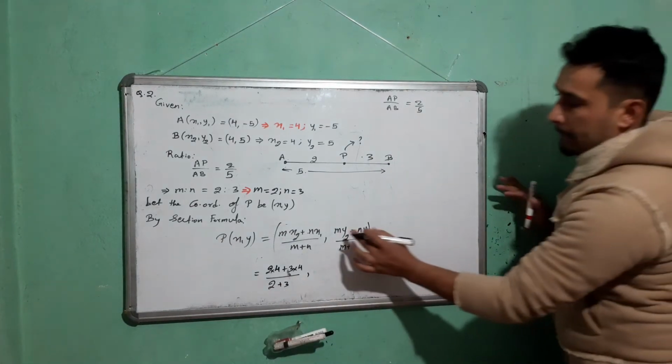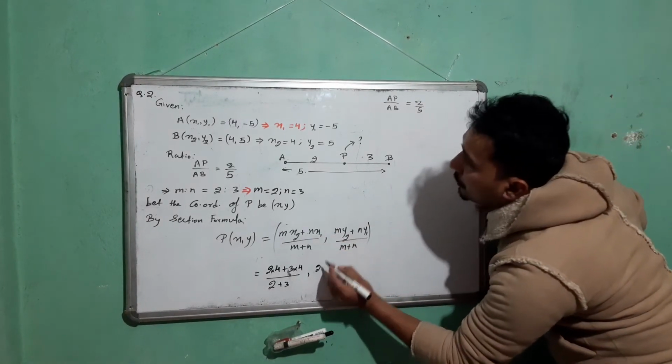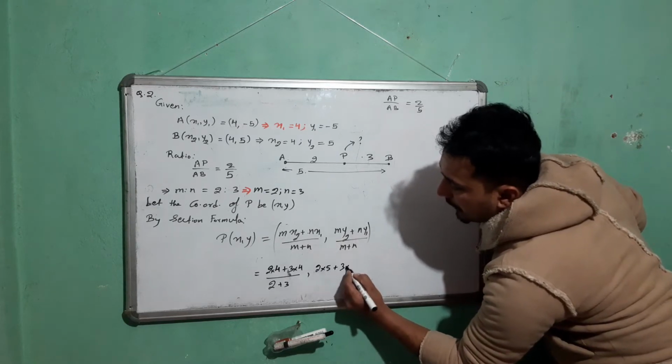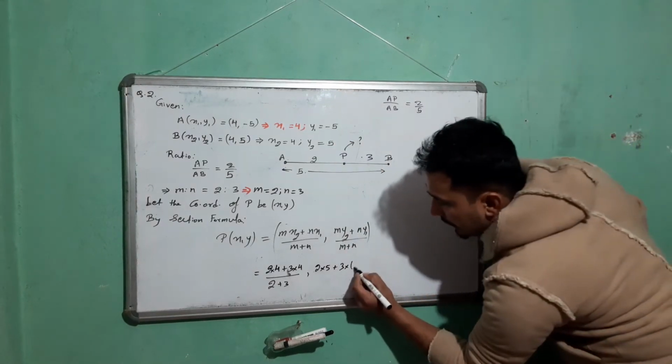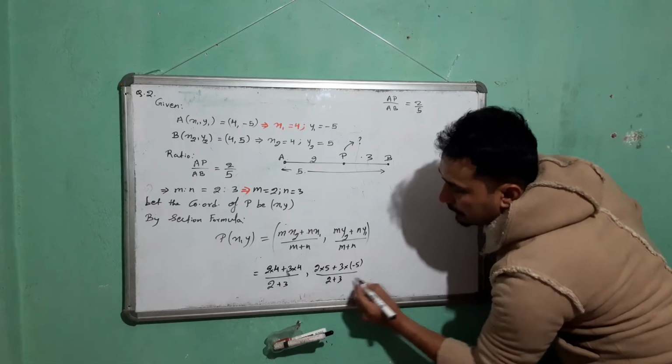Next will be m y2. Where is m? M is 2. Y2 is 5, into 5, plus n is 3. Y1 is y1. Where is y1? Minus 5. Okay, so I'll write minus 5 in the bracket divided by m plus n, 2 plus 3.